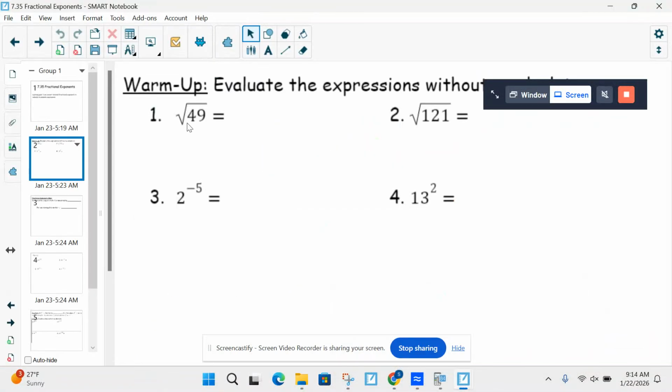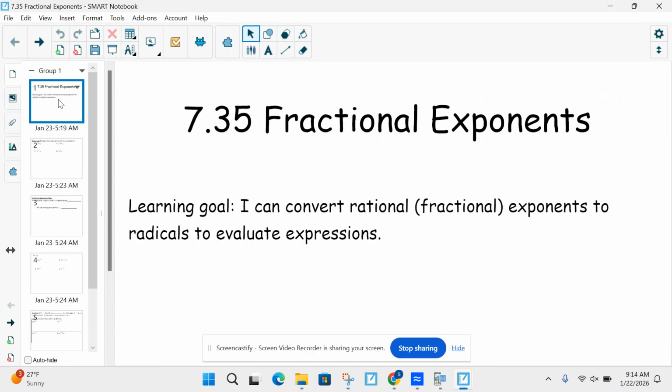Okay, so today we are doing 7.35. Your goal for today is to be able to convert rational. Rational means a fraction. In Algebra 2, you learn about rational functions, which are functions that have fractions, like where x is on the top and the bottom of the fraction. But rational exponents means that the exponent is a fraction.